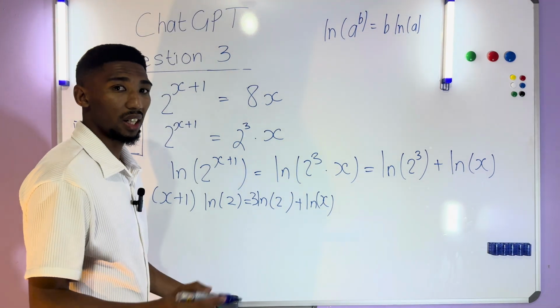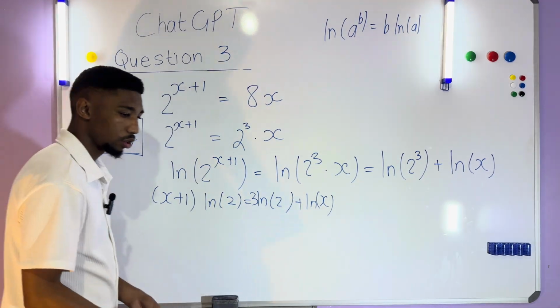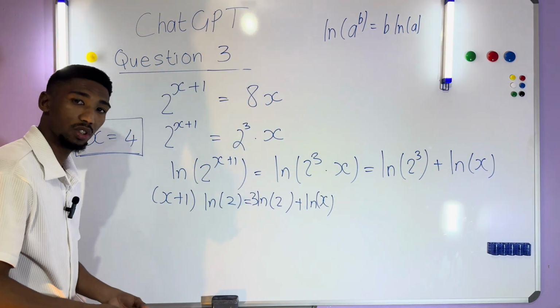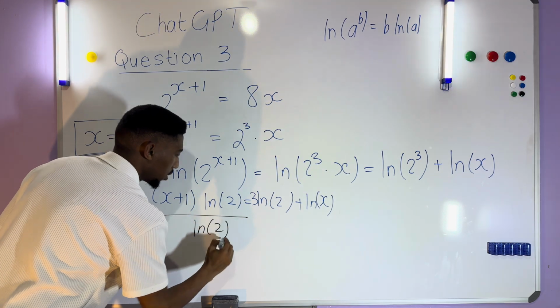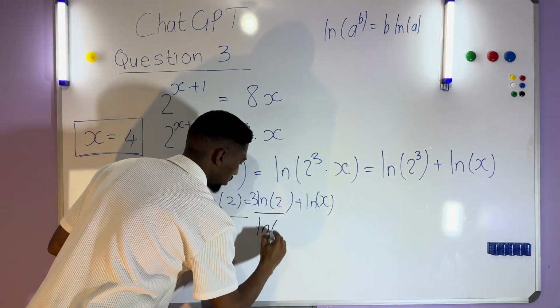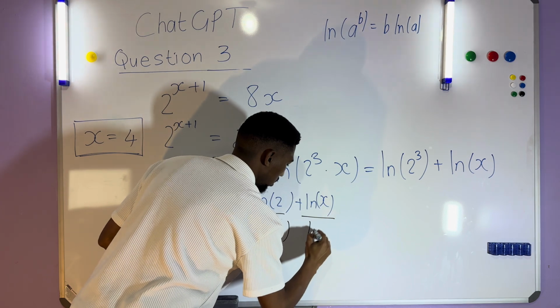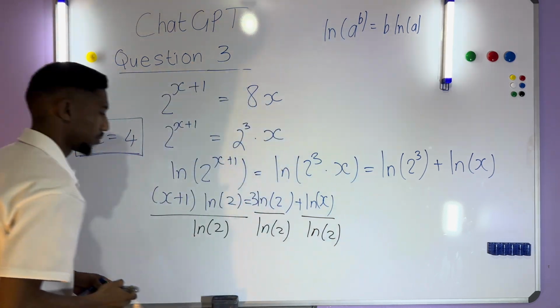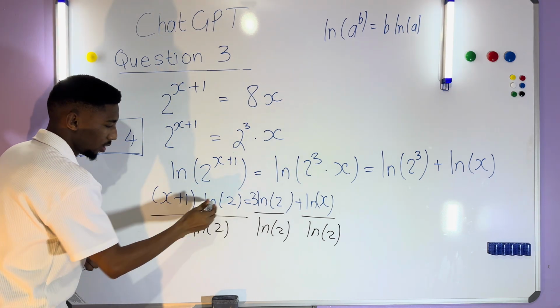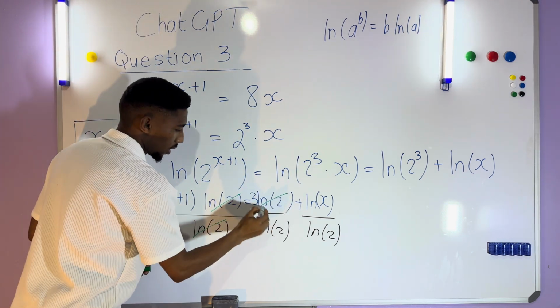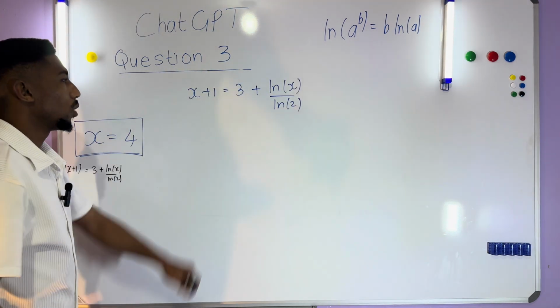Now we're going to divide by ln 2. As we can see, the ln 2 will cancel over here, and cancel over there. Now we have this equation.